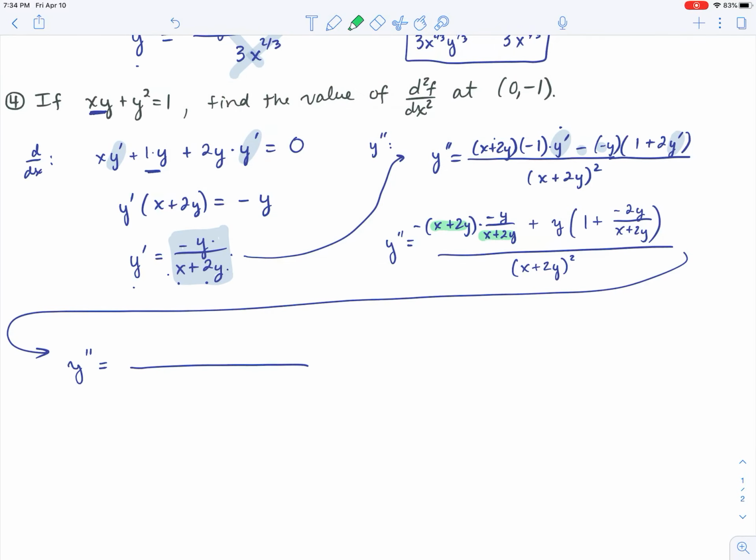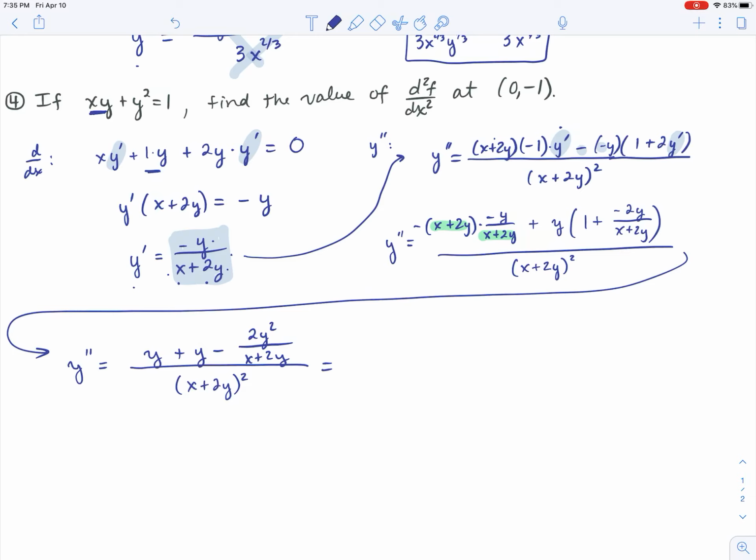These cancel, and we just end up with positive y plus, for this other one, I'm going to go ahead and distribute that y. So I'm going to have y plus y minus 2y squared over x plus 2y, and then this is all over x plus 2y quantity squared.